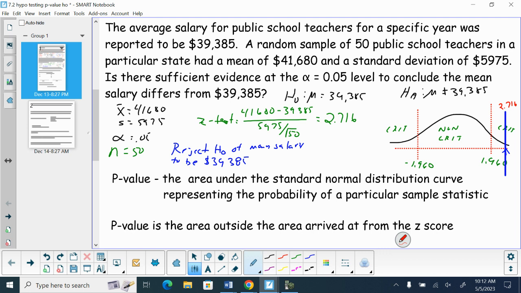The p-value is this area right here. So I look at my bell-shaped curve, it's the area that's outside.